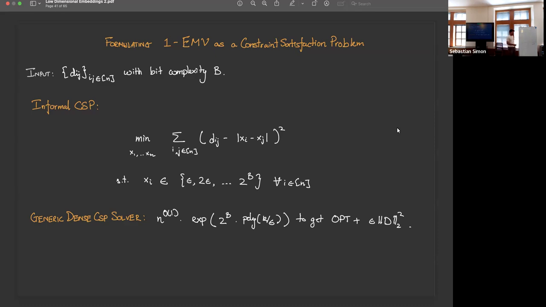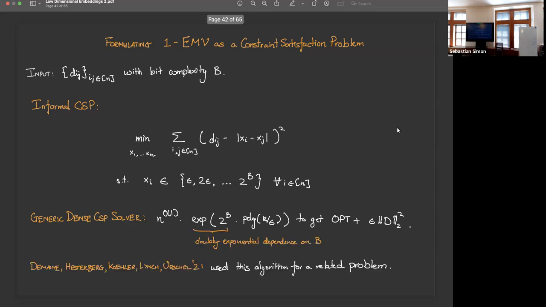If you run this generic CSP solver, you get an algorithm that runs in time exponential in the bit length, so it's like exponential in 1 over epsilon squared. I'll tell you why it's not exponential in n. But it does get the right additive approximations: additive epsilon times the norm.